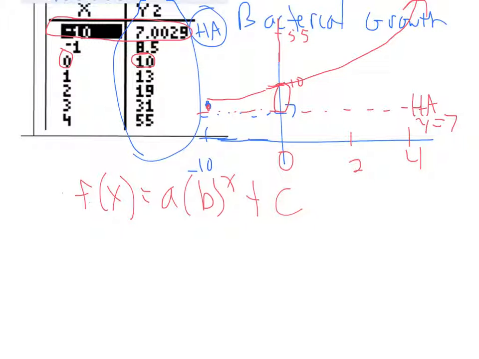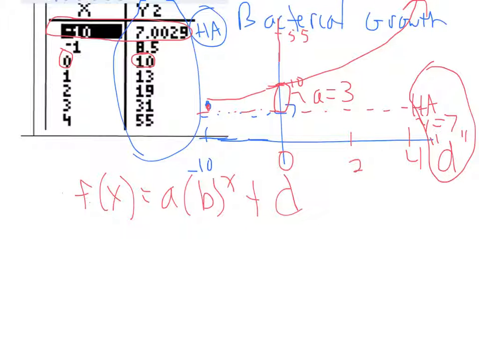That represents our A value. That's how much we start with that can grow. So we have an A value of 3, and a horizontal asymptote at 7, which represents our D value. That's a shift up by 7.